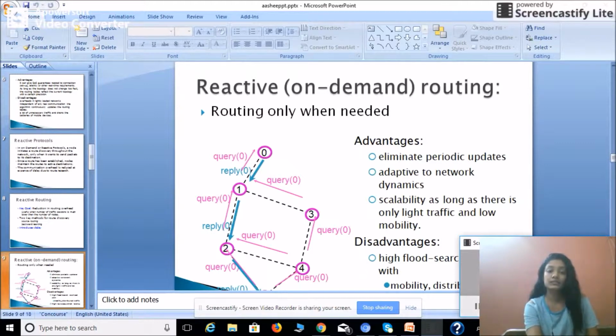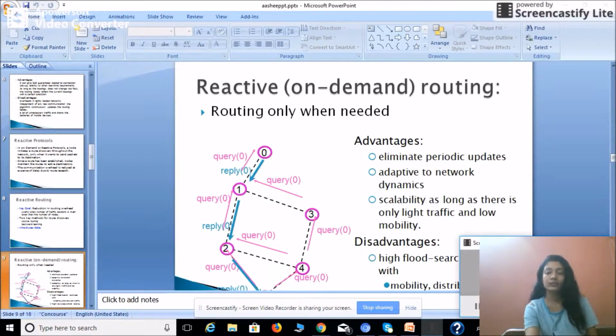This reactive routing is very much suitable where the network topology changes frequently. The third one is scalability, as long as there is only light traffic and low mobility. If our network expands in future, then it is no issue in reactive routing.